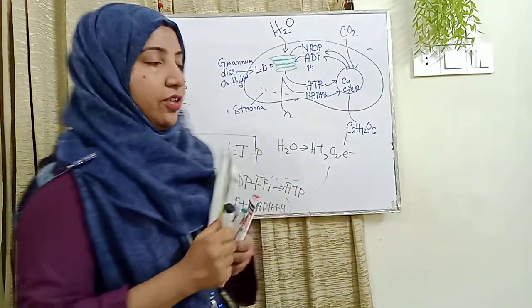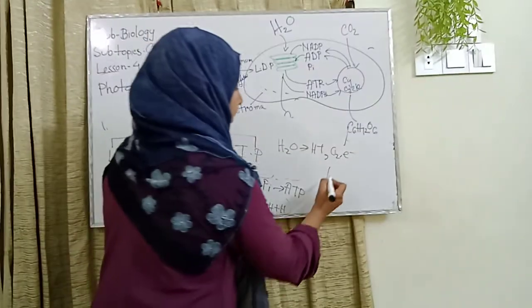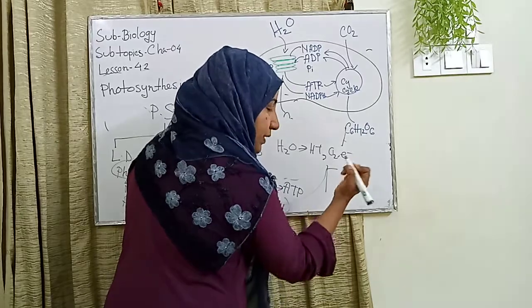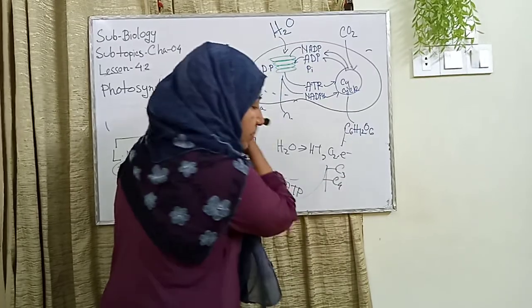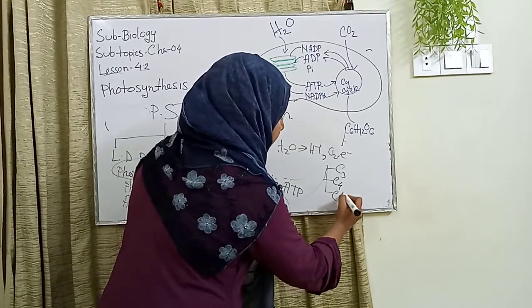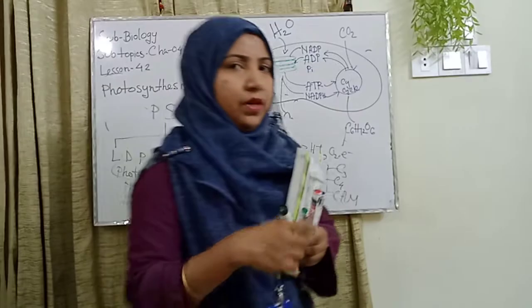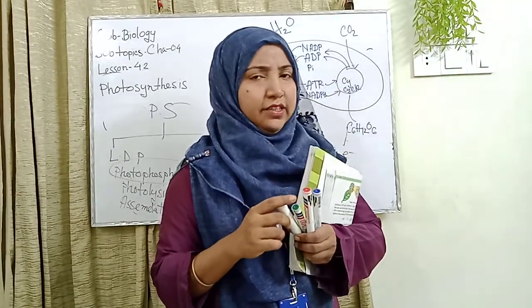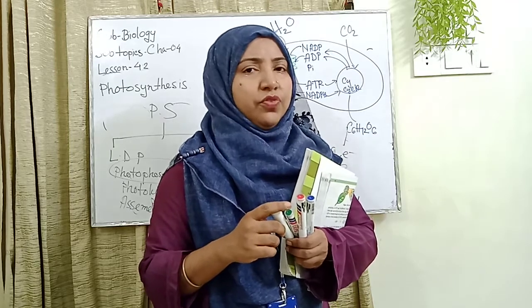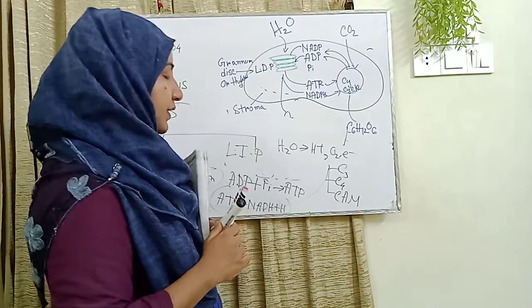How many carbon dioxide pathways are there? There are 3 carbon dioxide pathways. One is the Calvin cycle or C3 cycle, another is the C4 cycle, and another is CAM or crassulacean acid metabolism. What is the C3 cycle? The first product is 3-phosphoglyceric acid, and another name is the C3 cycle.